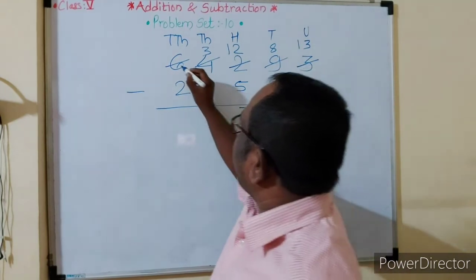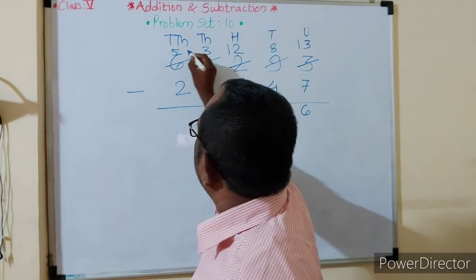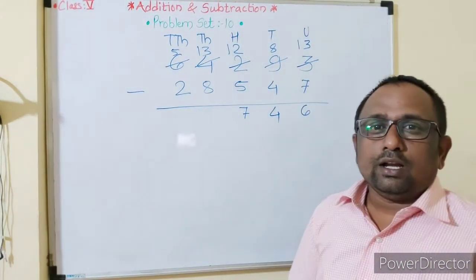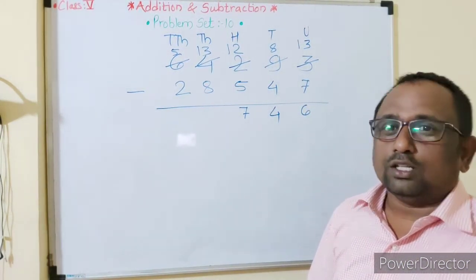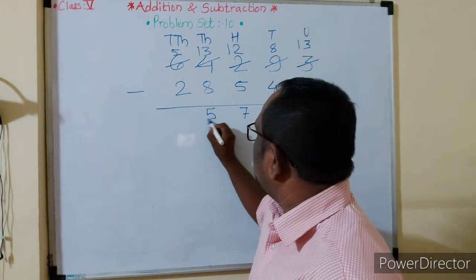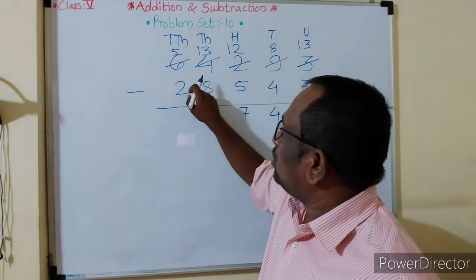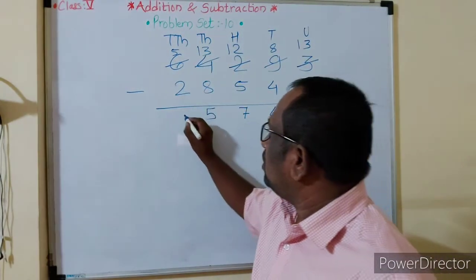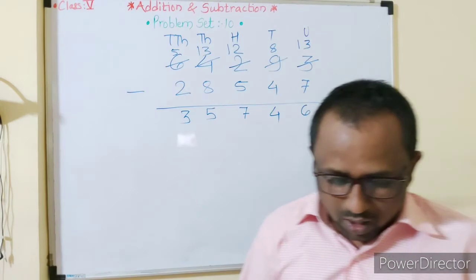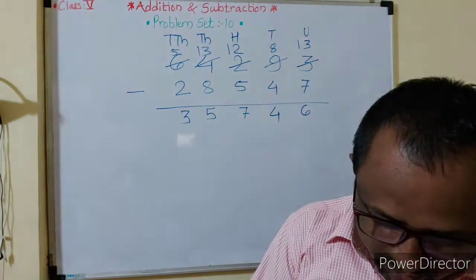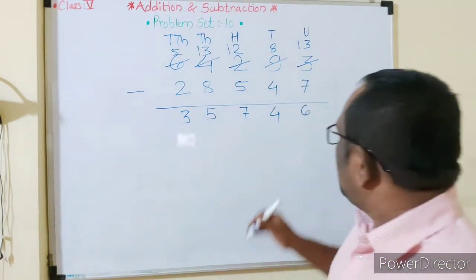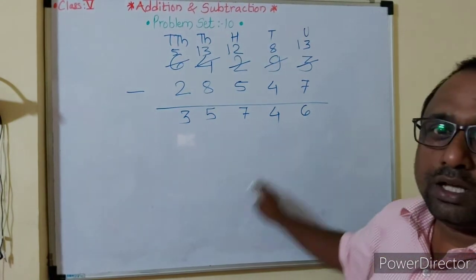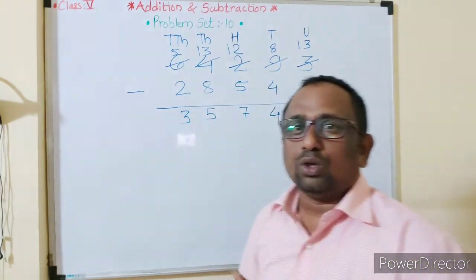Now here it becomes 5, and this 1 we add here. So 13 minus 8 is 5. Now 5 minus 2: 5 is bigger than 2, we can easily subtract, 5 minus 2 is 3. So our answer is 35,746. Students, this way you have to solve.